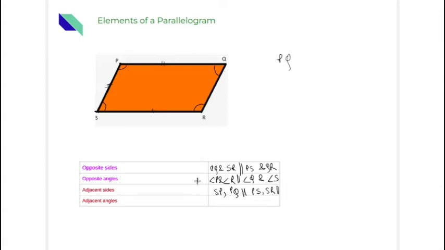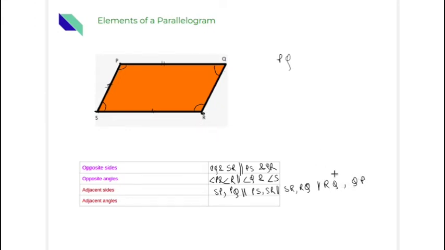More is there, SR. If we take SR, then RQ will also go, because R is the common vertex. So, SR and RQ. Now, with RQ, the adjacent side is QP. So, we will write RQ and QP.